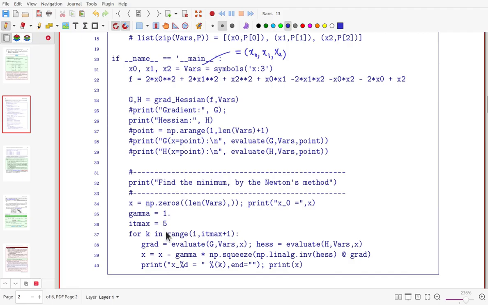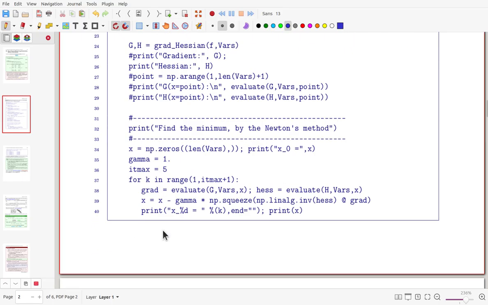We'll do only 5 iterations. Now, for the Newton method, the gradient and Hessian are made over there, and we evaluate for a given point x, so that it is now a numeric gradient, and after evaluation, there is a numeric Hessian. This is a matrix, this is a vector.